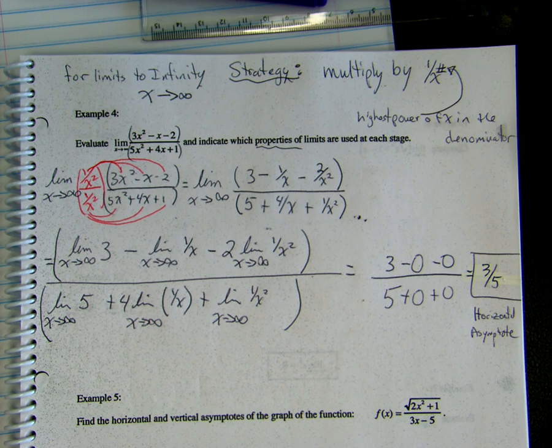Oh, it was 2 times 1 over x squared. So it's like this is constant, whole front, and say it's 2 times. I factored out 2.